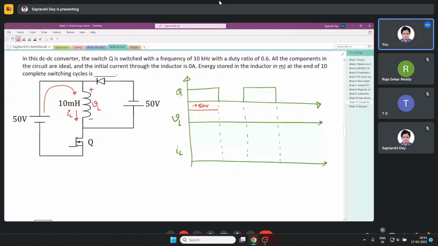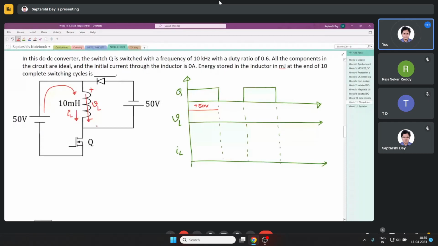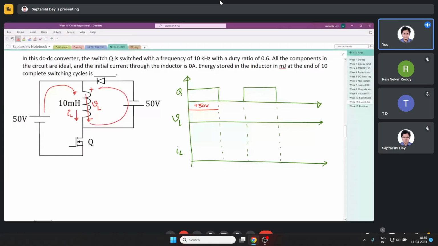And when this is open, the current was flowing in this direction, so it will keep flowing like this, but the voltage that will appear across the inductor is minus 50 volt.